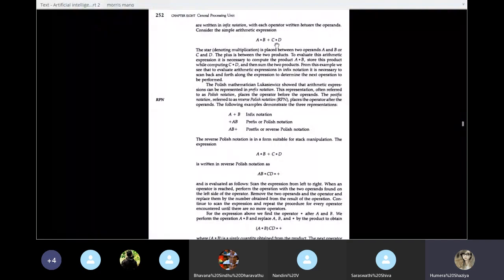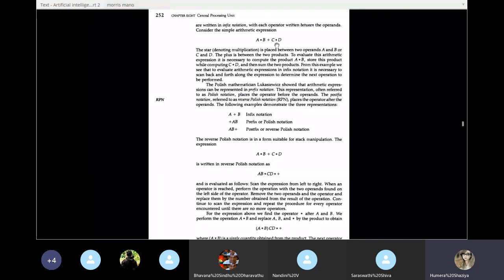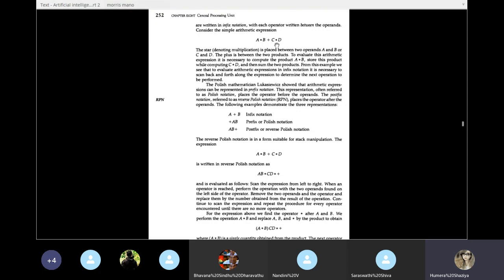For a human being, having the operator in between operands is relatively easy to comprehend and evaluate. Whereas for a computer system, this type of notation is quite difficult to evaluate, comprehend and interpret.